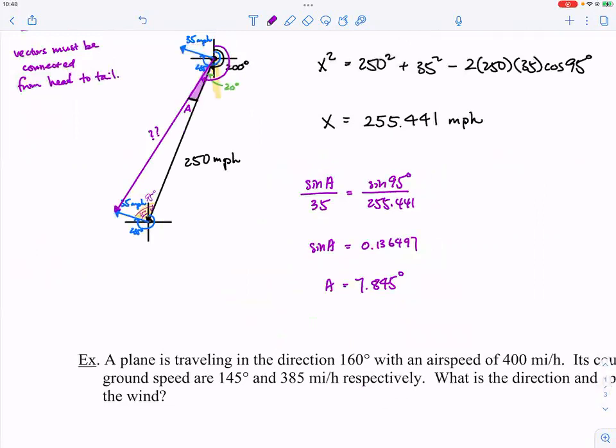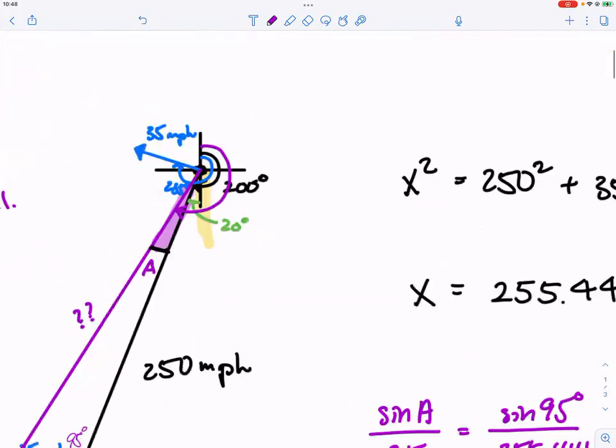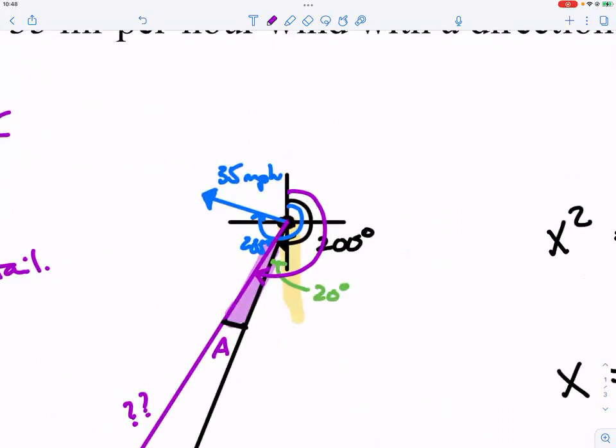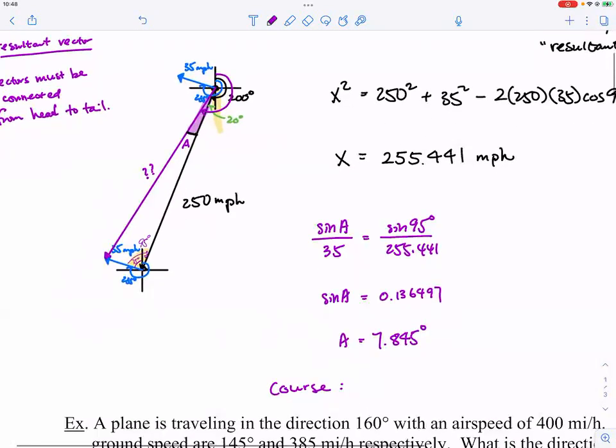Now that's just the angle A, but what is the actual course? If you know angle A is 7.845, what is the actual direction? 207.